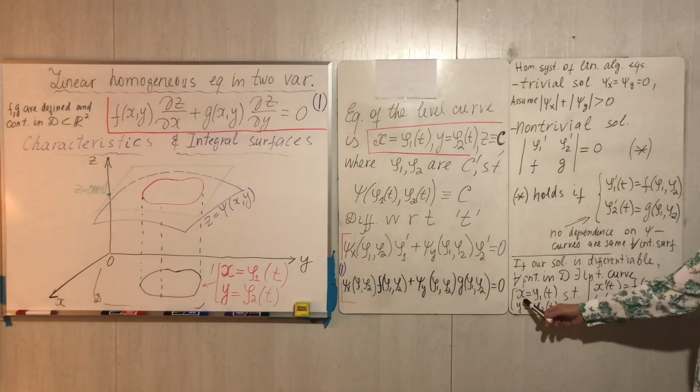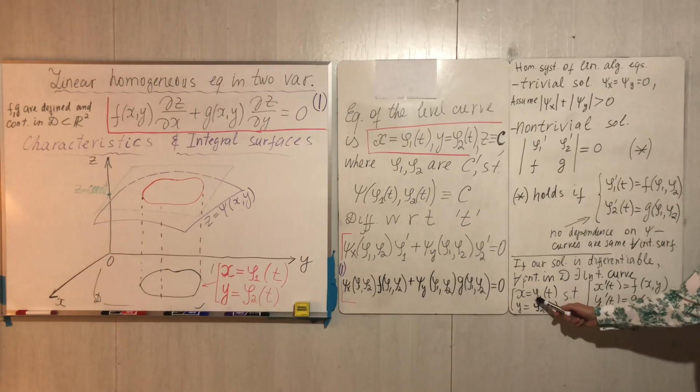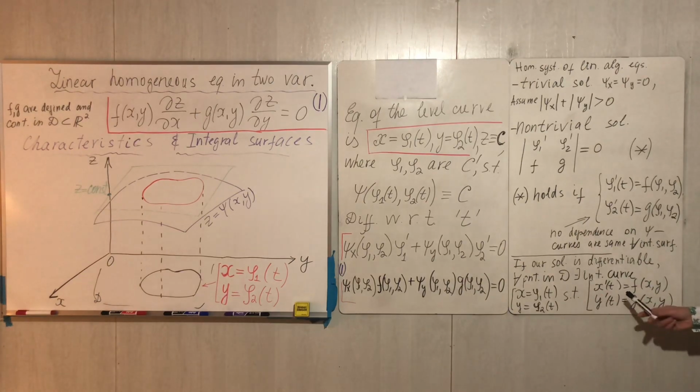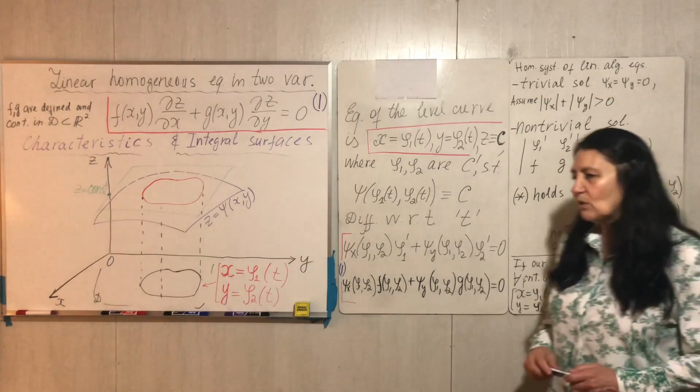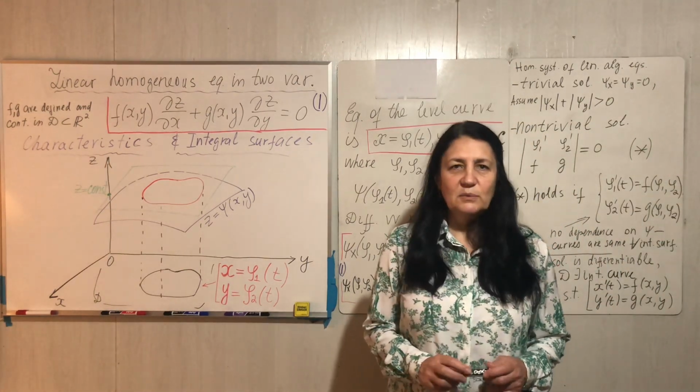Some curve with some phi1 and phi2, such that this equation holds: x prime equals f, y prime equals g. So this is the system we got, and this system is called the system of characteristic equations.